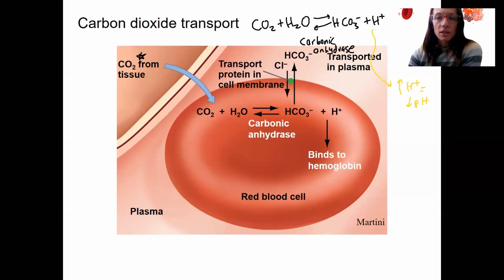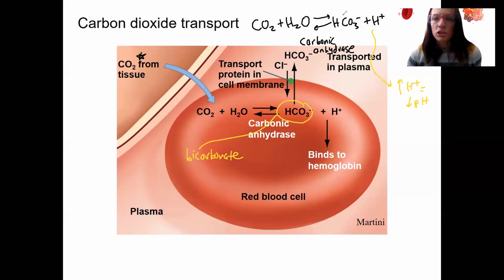So this looks more complicated. Same thing though. Carbon dioxide is unloading from the tissues, combining with water via carbonic anhydrase. This enzyme is going to convert it to bicarbonate, this one. Same as this, bicarbonate.